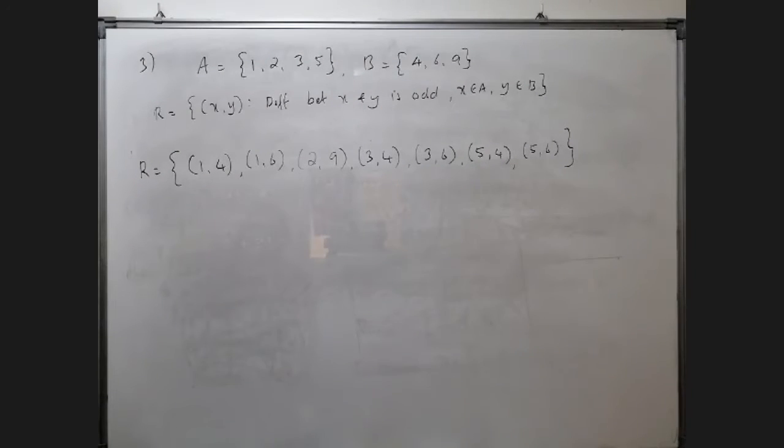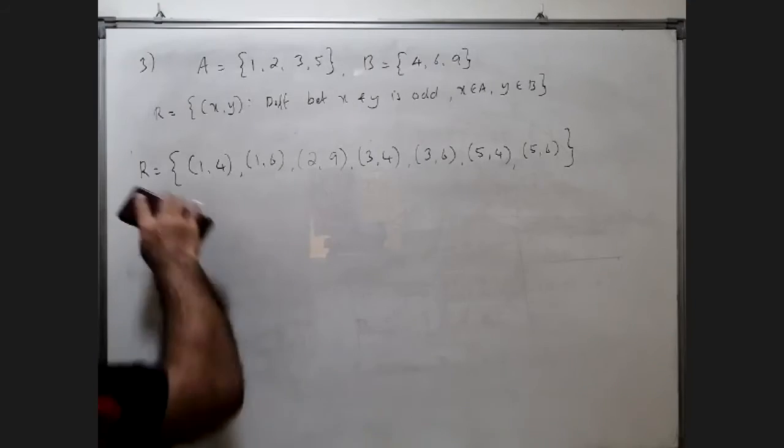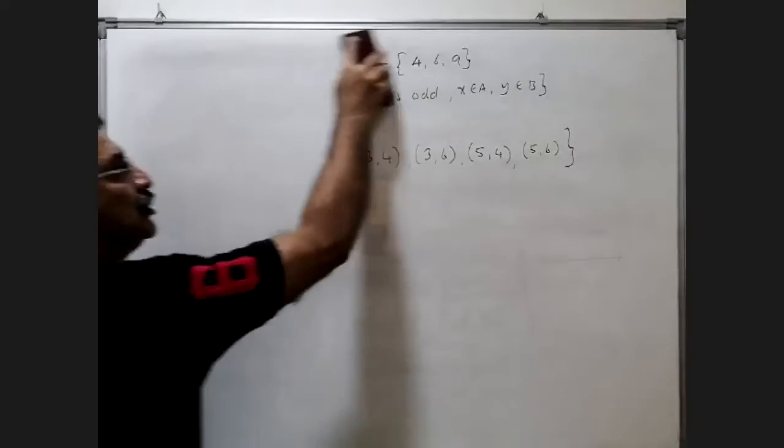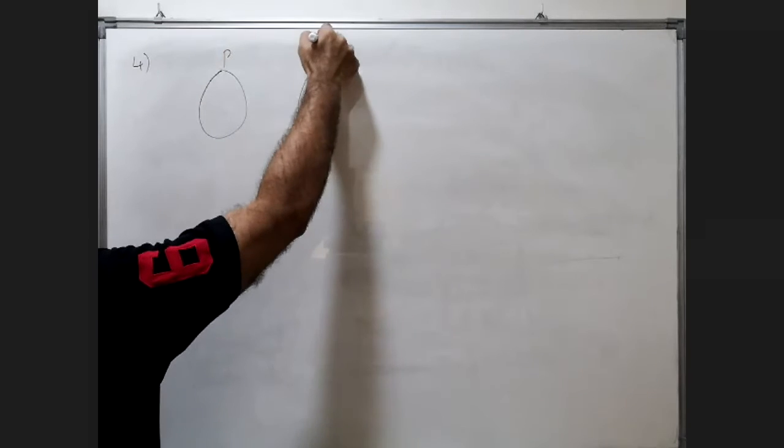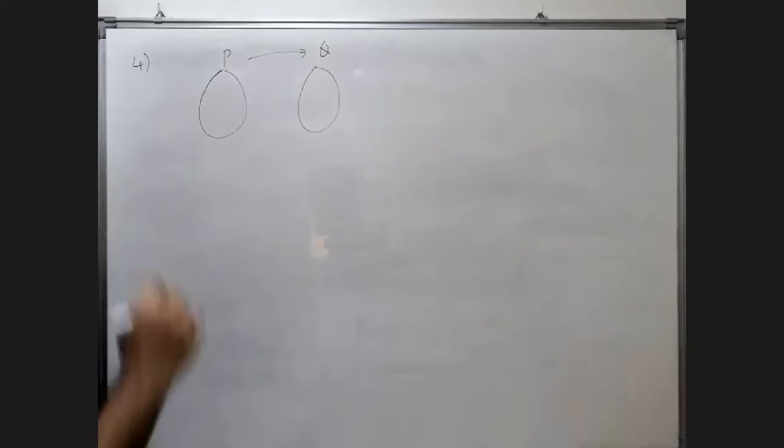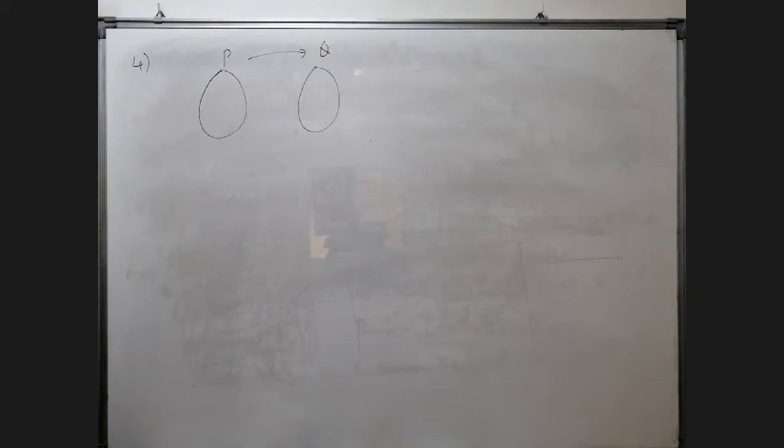Now coming to question number 4. In question number 4, the arrow diagram is given. Draw that figure. The sets are P and Q. The elements in P are 5, 6, 7.